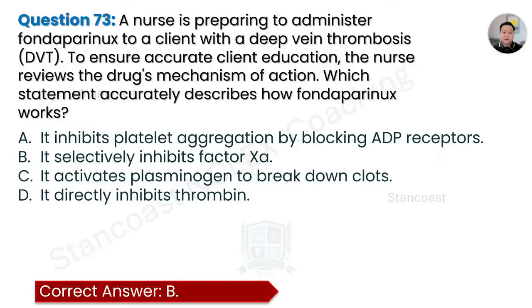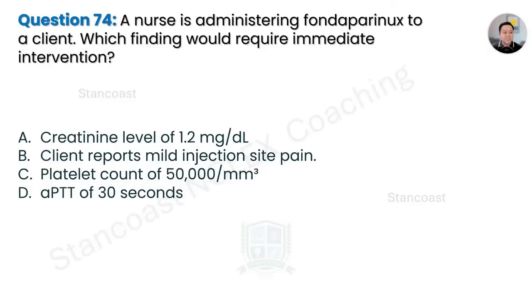Letter D is also incorrect because this describes direct thrombin inhibitors such as dabigatran, which inhibit thrombin activity directly. So you have to recall the different classifications of these anticoagulants or blood thinners, because they really vary in their mechanisms.